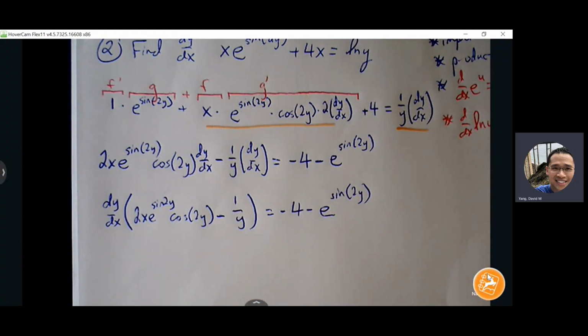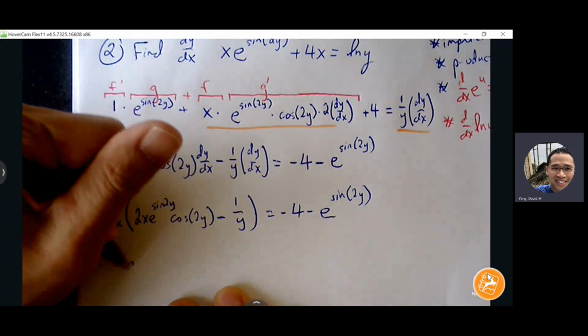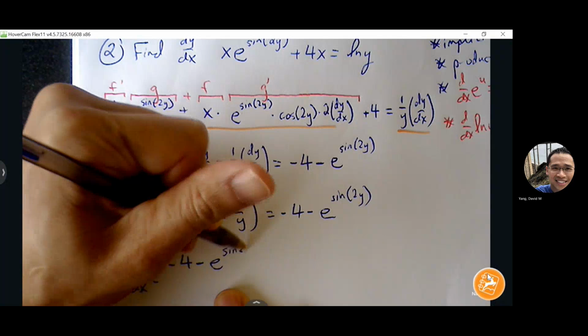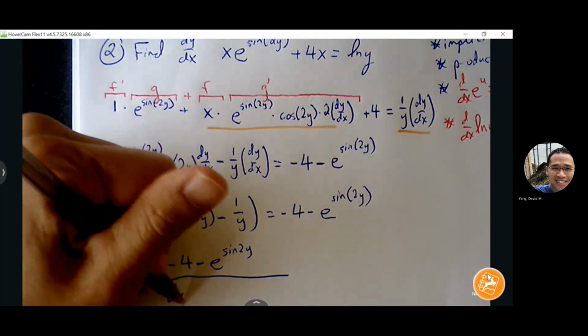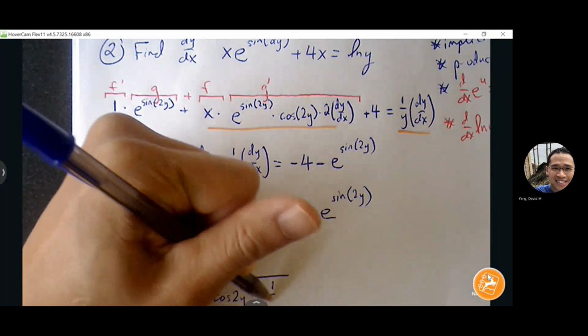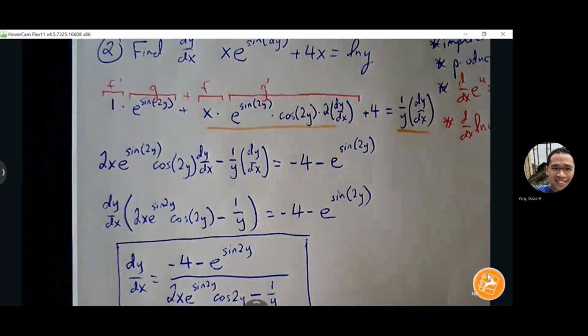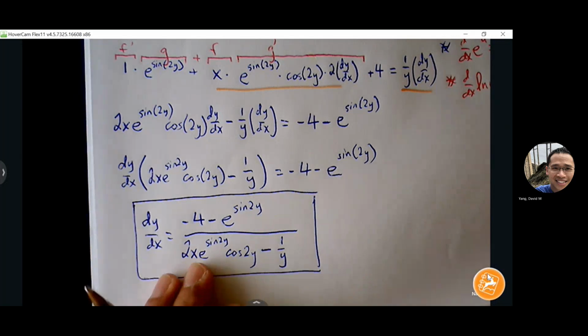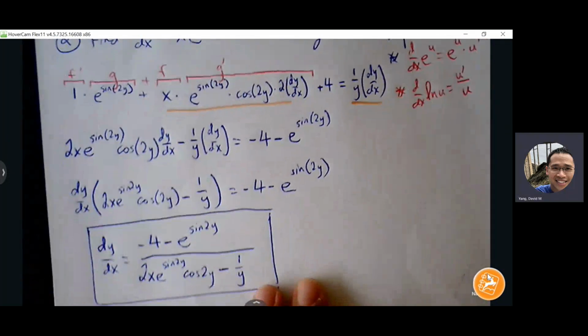I think I made some mistakes on the key here, so I think I left out that cosine 2y, so it should be there. All right, any questions with 2?